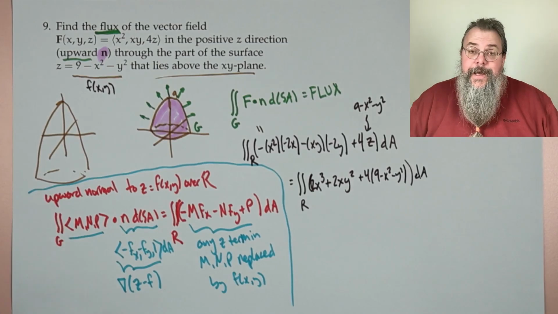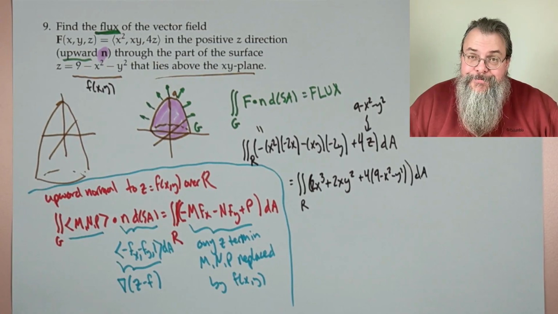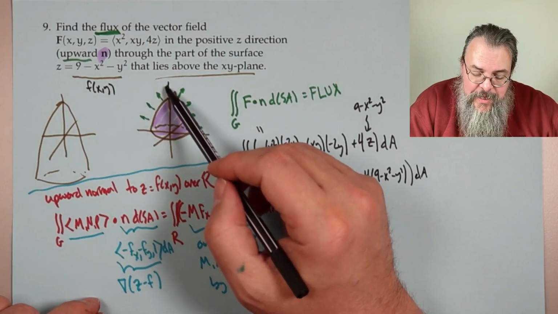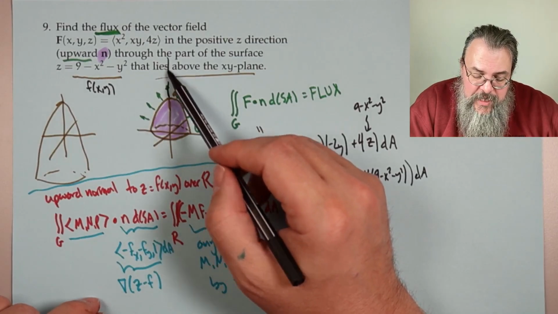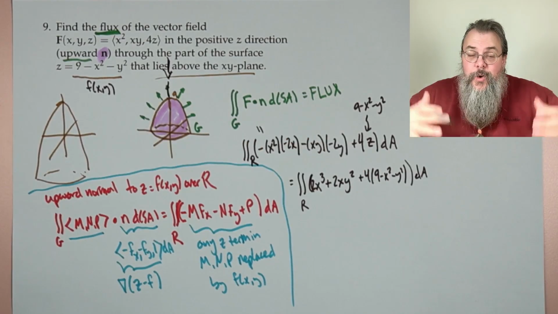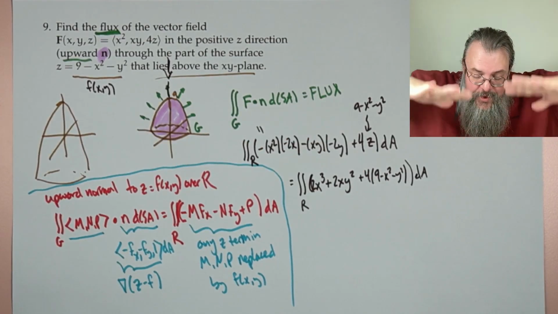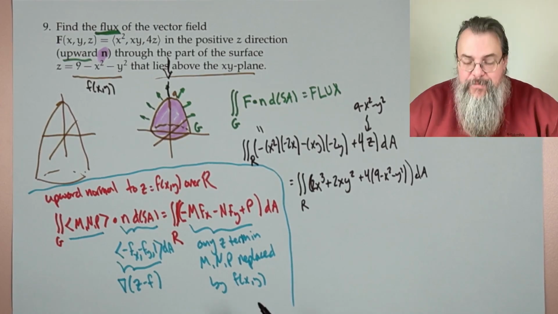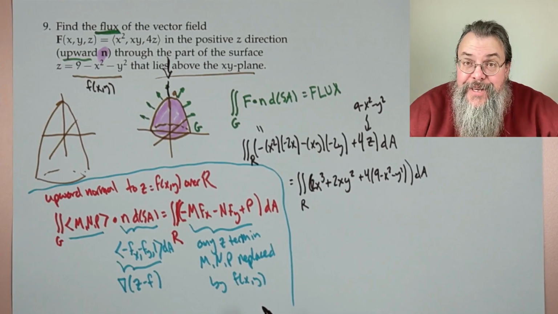All right, now it's time to talk about our region. So how do we find our region? Well, imagine that we're way up here and we're looking down the z-axis. And like, what do you see? Whatever you see, it's like you're squashing your surface, just pushing it flat into the xy plane. What do you see?